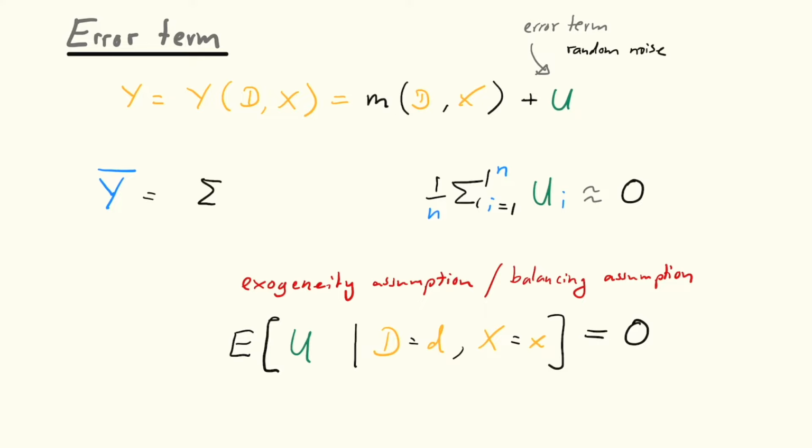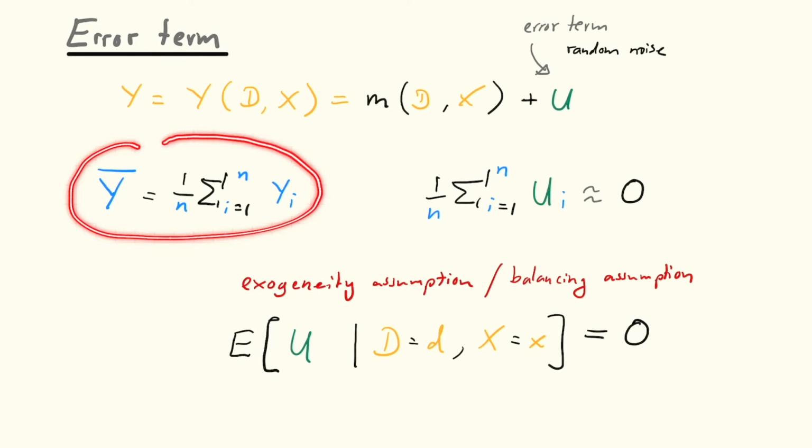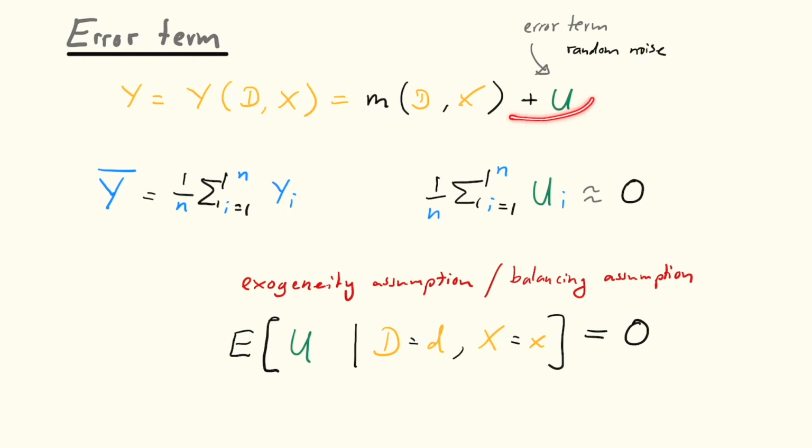The average sums over all suitable candidates, takes the observed test score, and then we divide by the number of observations. Before we can discuss whether our estimation strategy based on this quantity actually works, we have to think about how to interpret causal effects now that we have an error term.